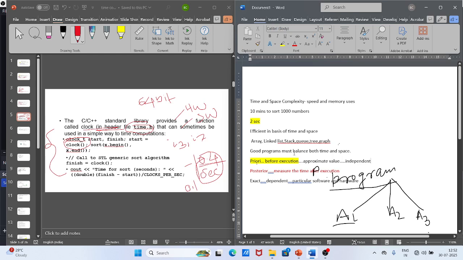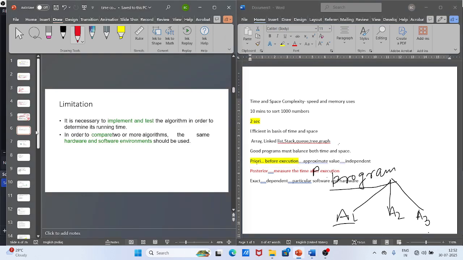We assume the time complexity from the program. Okay, so we take the priority time complexity. Okay, now come to the next.